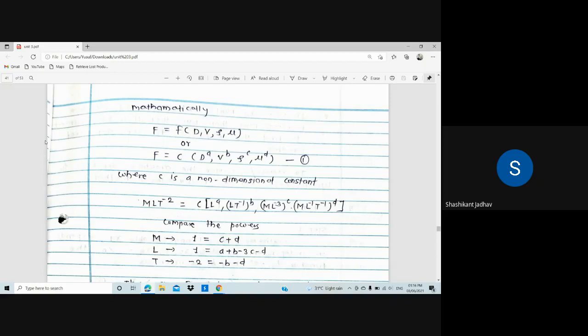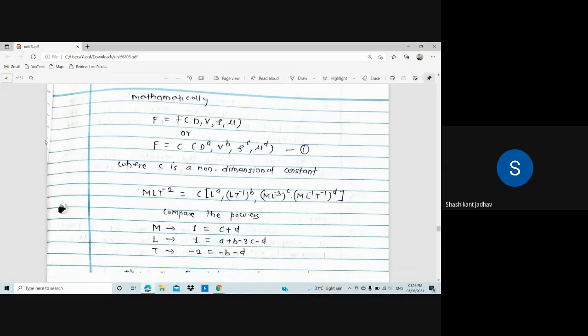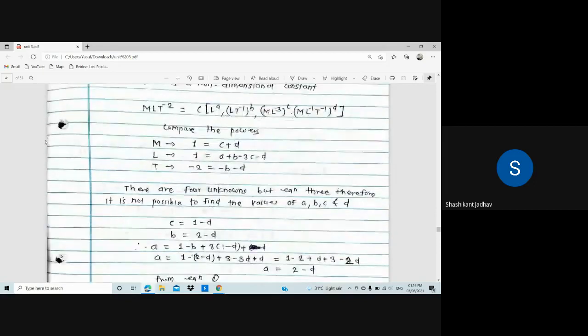This is equation number 1, where C is a non-dimensional constant.